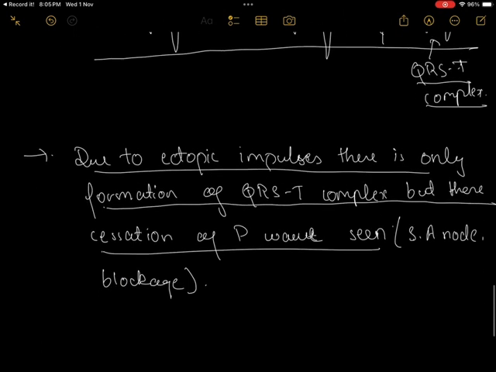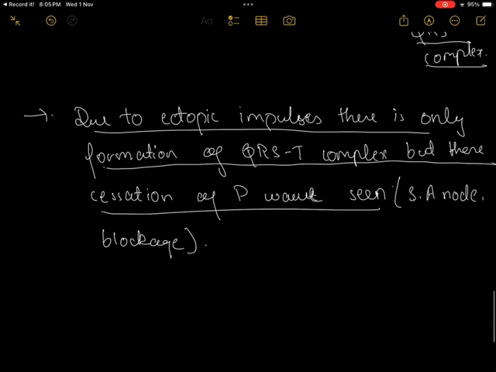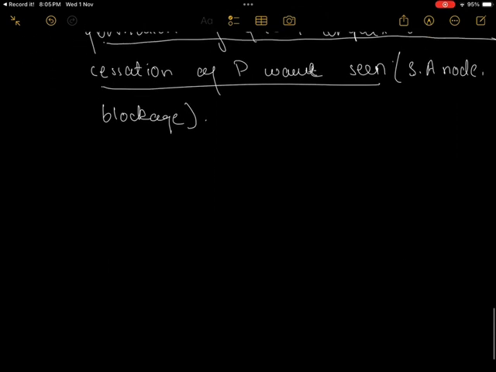So let us talk about when does the sinoatrial blockage occur? What are all the factors which may lead to sinoatrial blockage? Let me write it down over here in a proper manner.